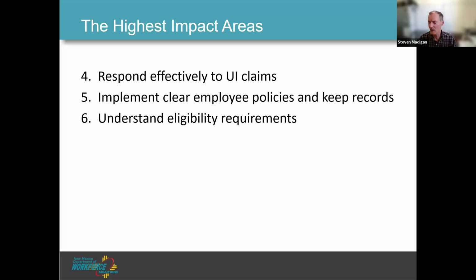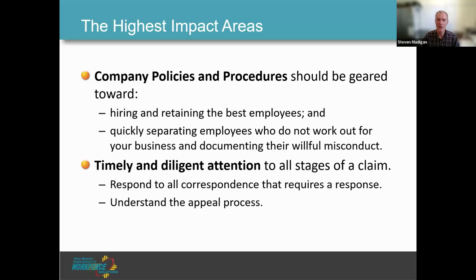And then we'll go over some of the eligibility requirements so you have an understanding of what we're looking at and why a decision might be made in a certain way. And again, these three are going to be intertwined and presented kind of as one concept.